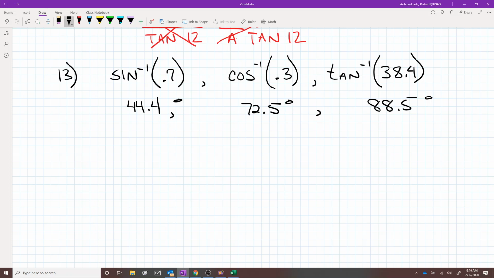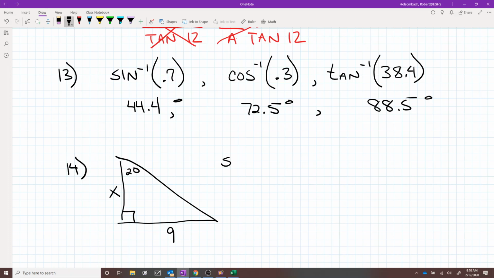Alright, and then one more trig problem, number 14. You're solving for a side length. In relation to this 20-degree angle, you're working with opposite and adjacent.